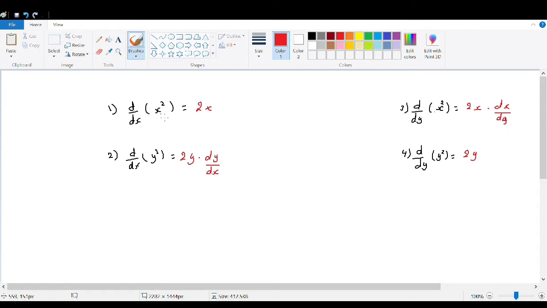So if the function and the variable of the operator of the derivative are the same variable, we just need to differentiate normally. But if the function has a different variable than the variable of the operator of differentiation, you have to multiply it by dy over dx. Similarly here we multiplied by dx over dy.